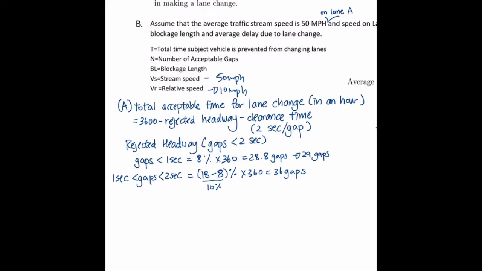So the total number of unaccepted gaps is 29 plus 36, which is 65 gaps.